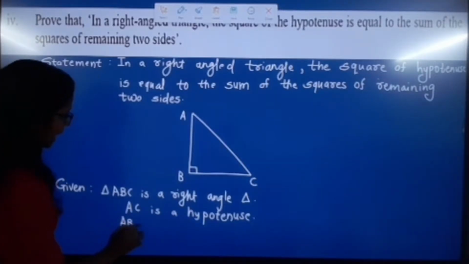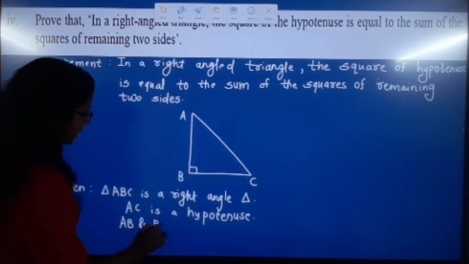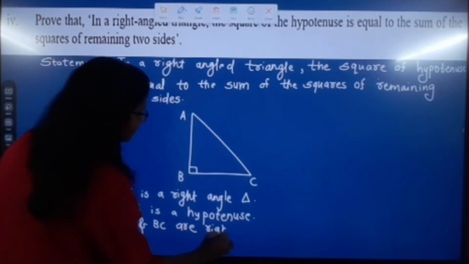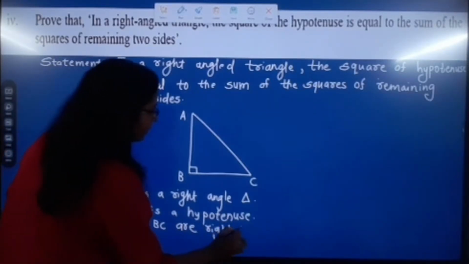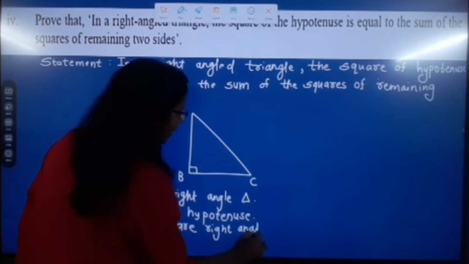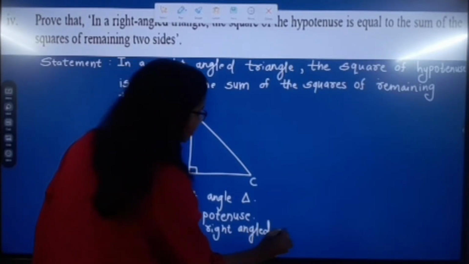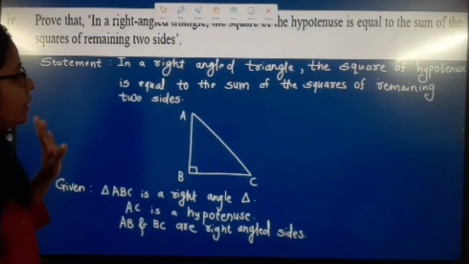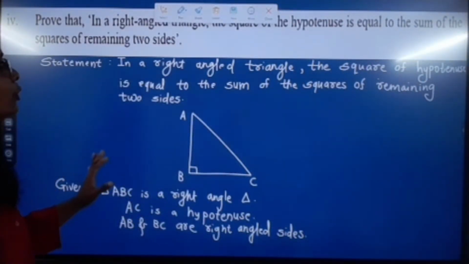AB and BC are the right angle sides. Okay students, this much, and then given is finished.